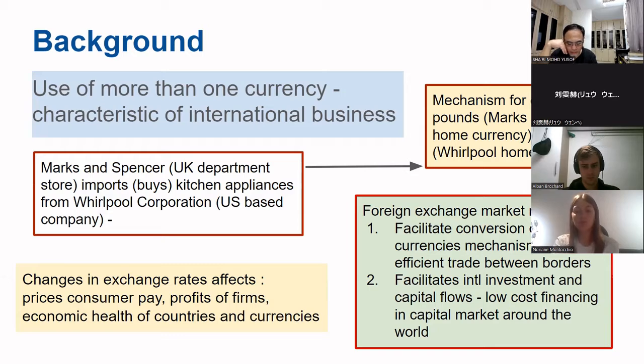So in fact, today money is a commodity that is being traded around the world. It affects the prices consumers pay, the profits of firms, the economic health of countries, and the currencies of the country itself.